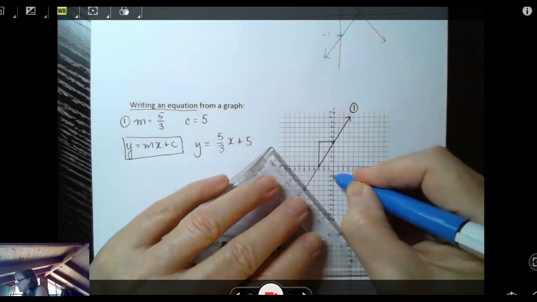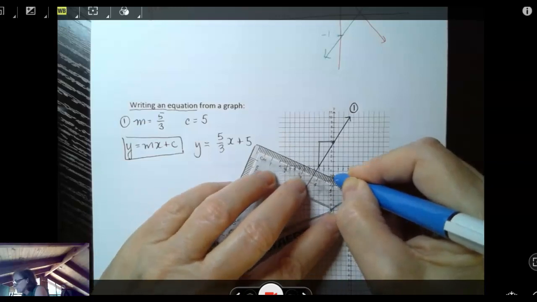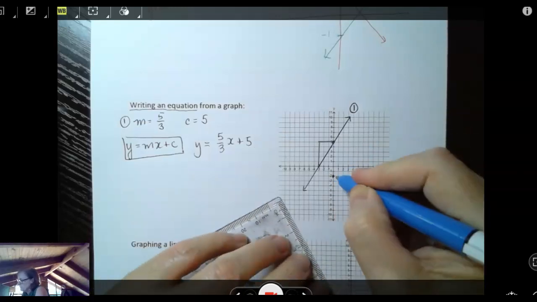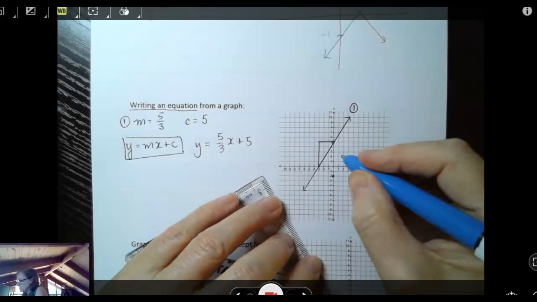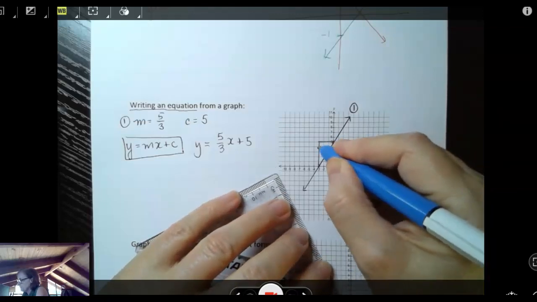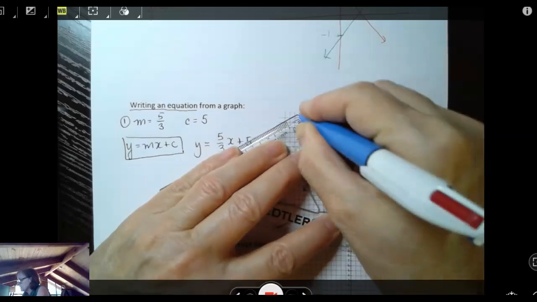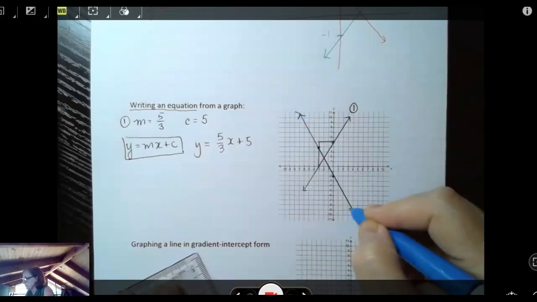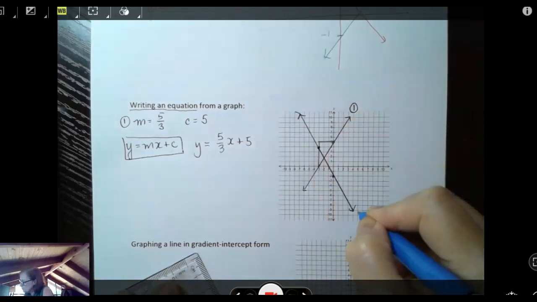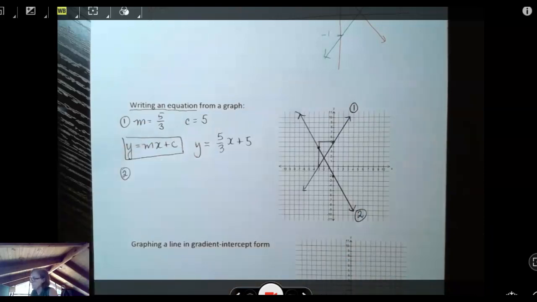Maybe I'll go through -2 and should I be kind of mean? Why not? Let's go from up here, this point. Look at a nice steep negative line. Okay, so we'll call that number 2, line number 2. And the first thing I'm going to do is find the gradient. So I get to where the points are.